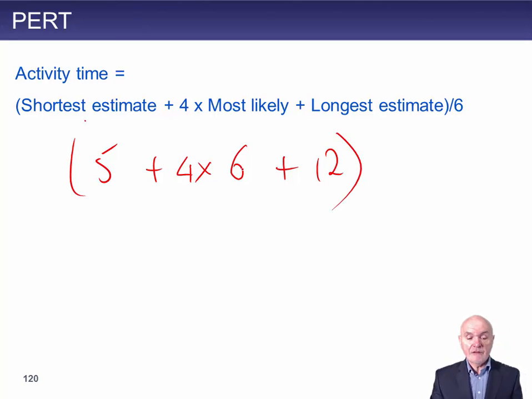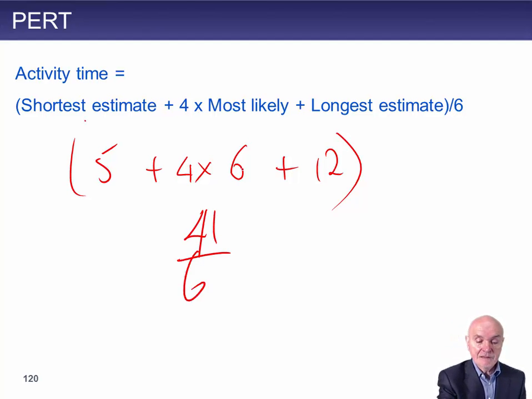So what we have in here: 6 fours are 24. Another 12 added on to that is going to be 36. Plus 5 is 41, over 6. So we're coming out at just a little bit less than 7 days, around 6.9 or something of that sort.